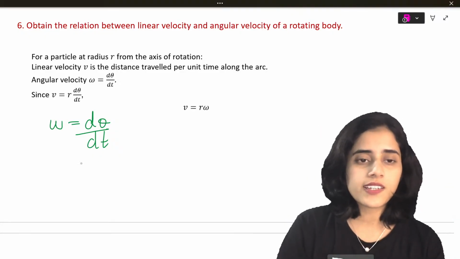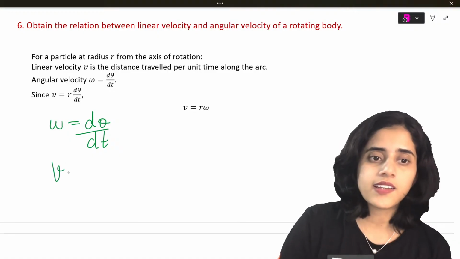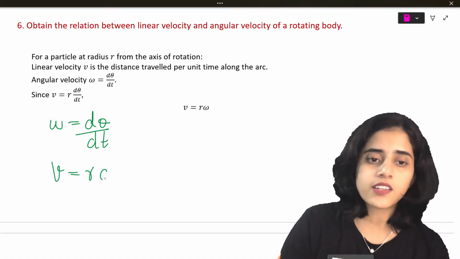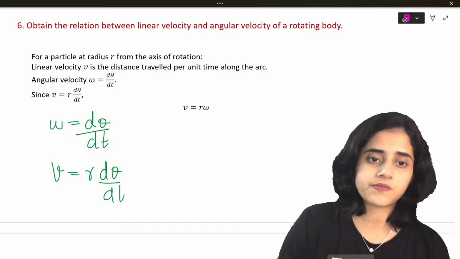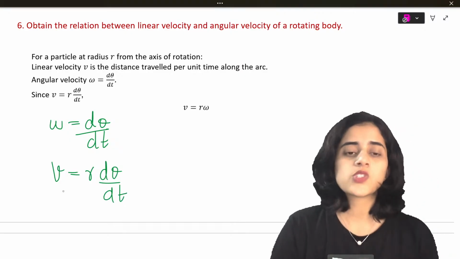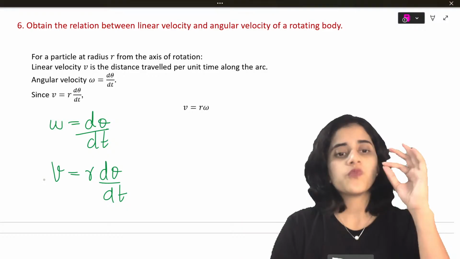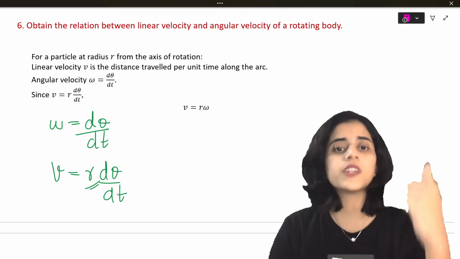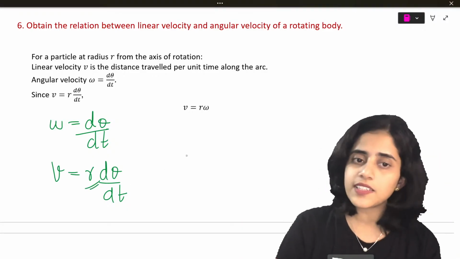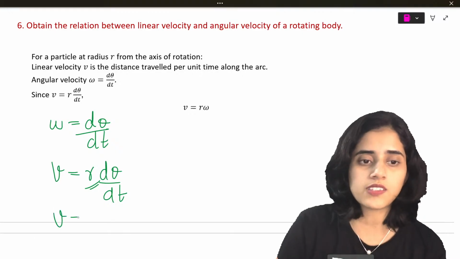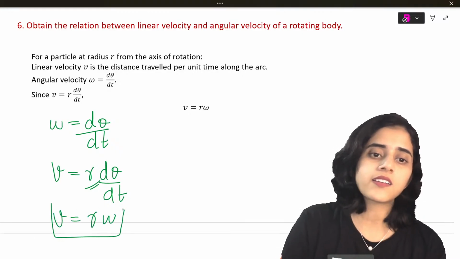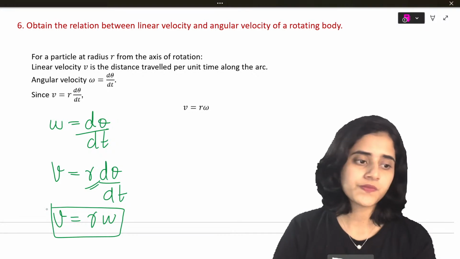So the relationship is basically V is equal to R into d theta by dt. d theta by dt is omega. So V is equal to R omega.